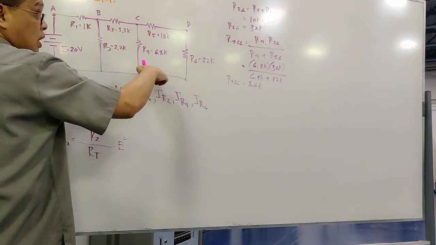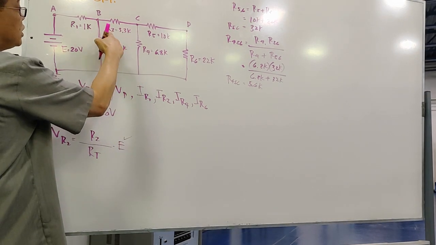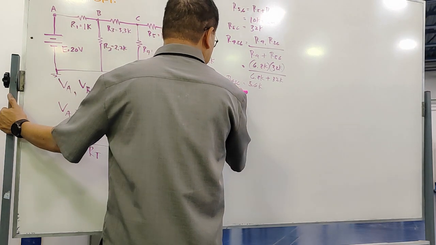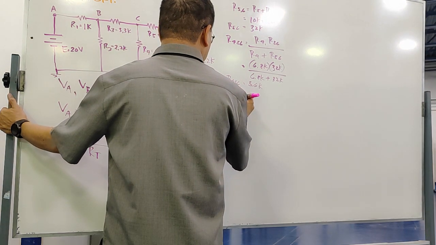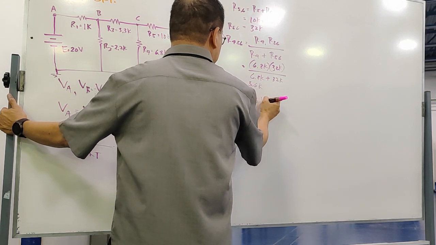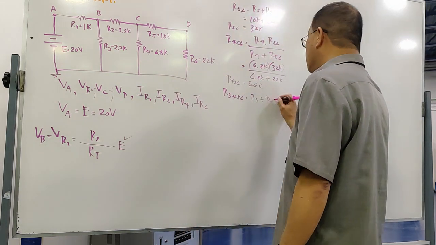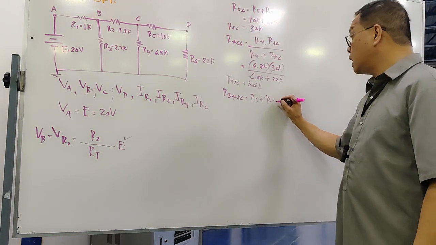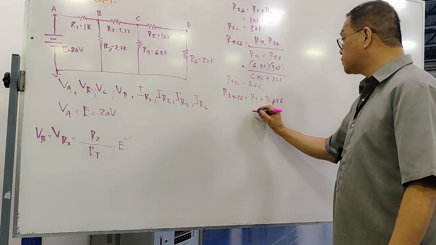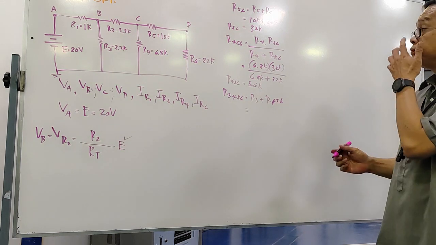Now these three are one resistor. Next, it is in series with R3. So R3,4,5,6 is equal to R3 plus R4,5,6.